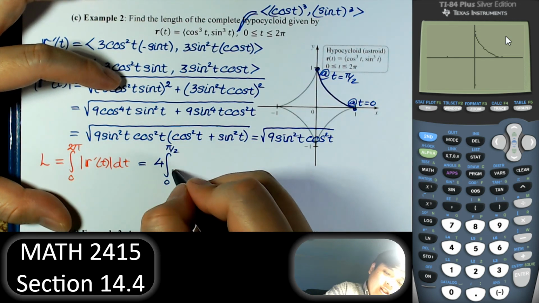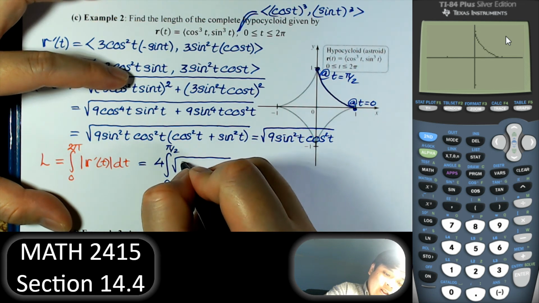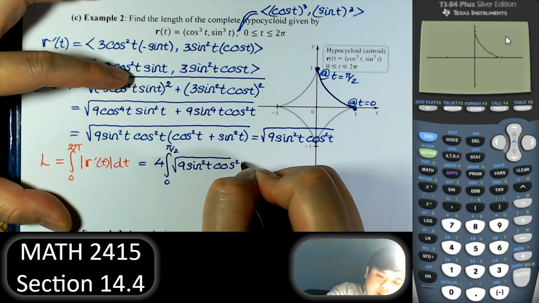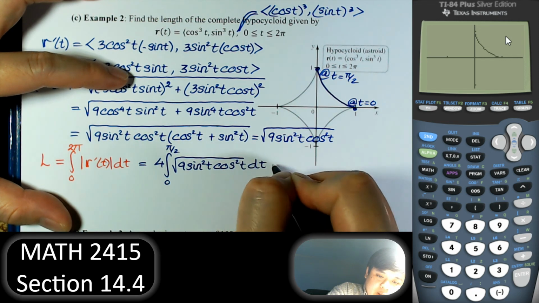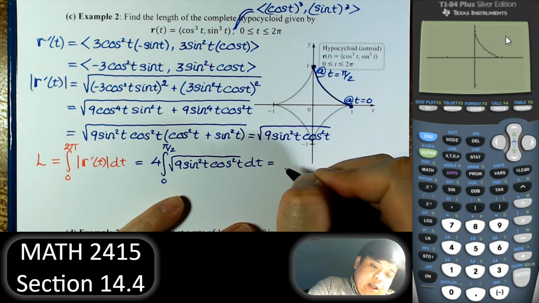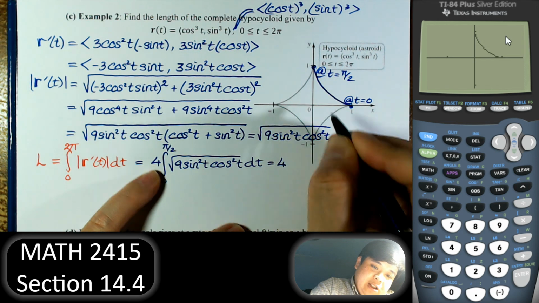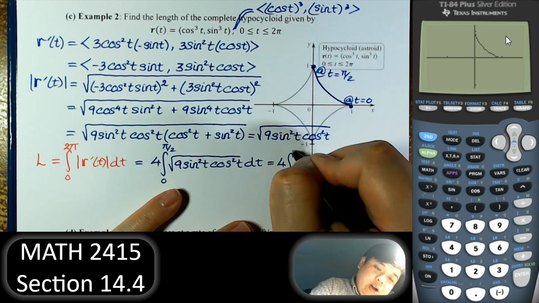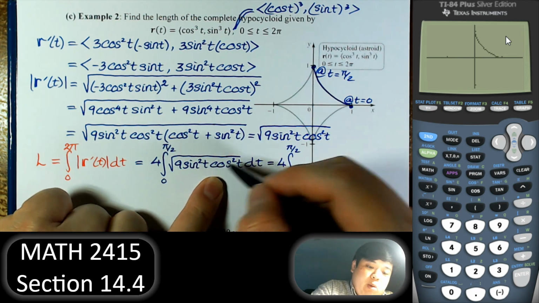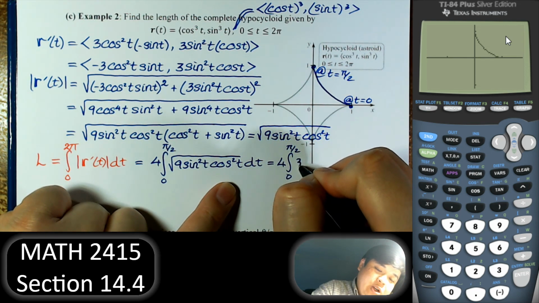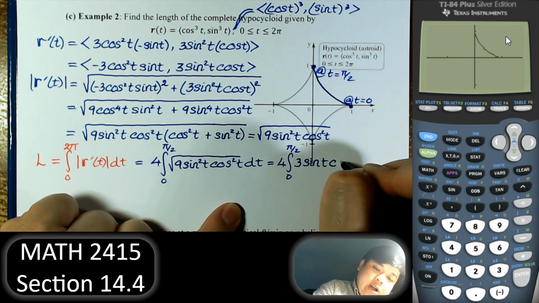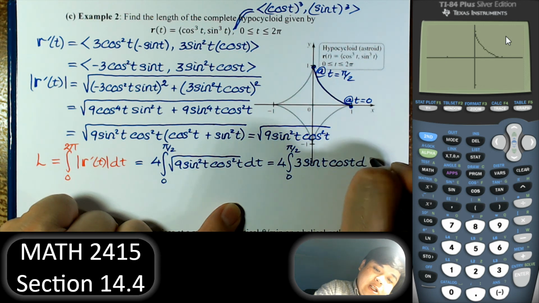I'm going to write this. Right, so that will be 4 times the length, 0 to 2 pi, or 0 to pi over 2. Now for that one, both of them are positive. So we just say the square root of 9 is 3, the square root of sine square is sine, and the square root of cosine square is cosine dt.